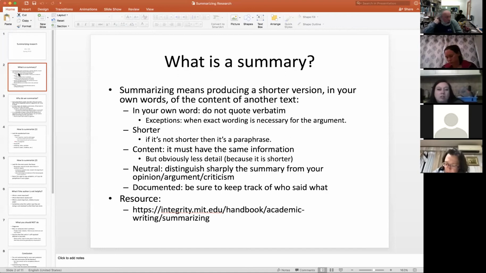And then the other thing is it should be documented. In other words, always keep track of who's saying what. Remember I said you should never quote something that you've read somewhere. You should always be quoting the original source. But if you make a note of a bit of information that comes from another source, that's okay.